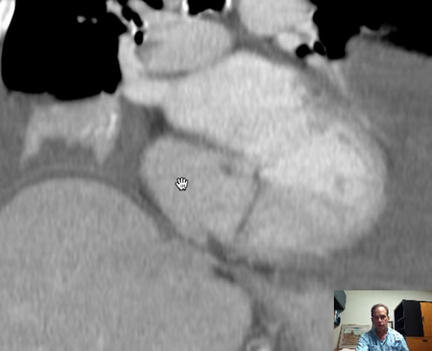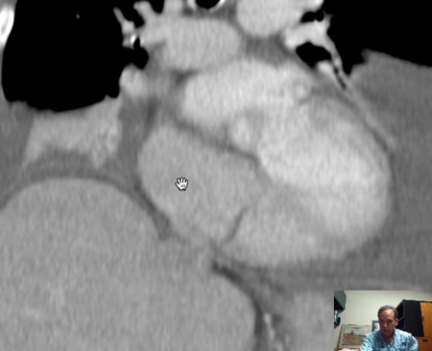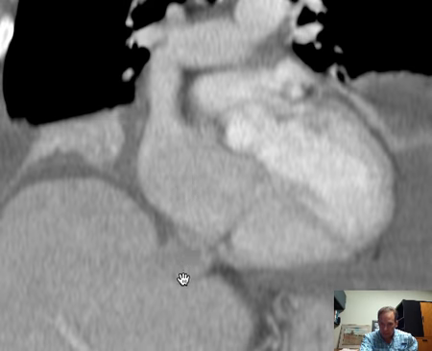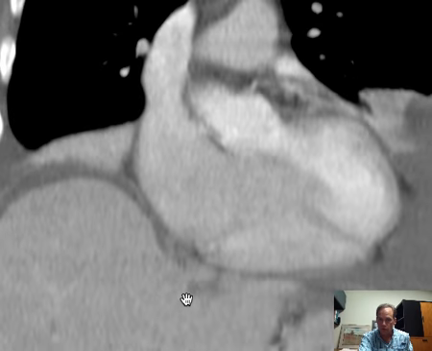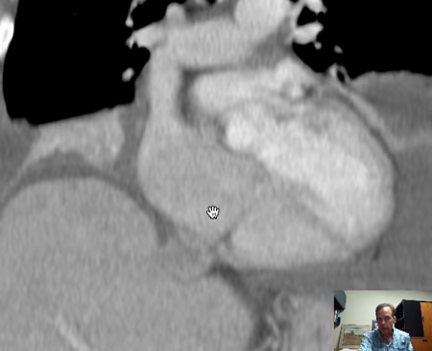This is the right atrium, and it's going to be receiving deoxygenated blood, and that's coming up through the IVC, which actually courses through the liver. There is an intrahepatic portion of the inferior vena cava that courses through the liver and goes right up here into the right atrium.